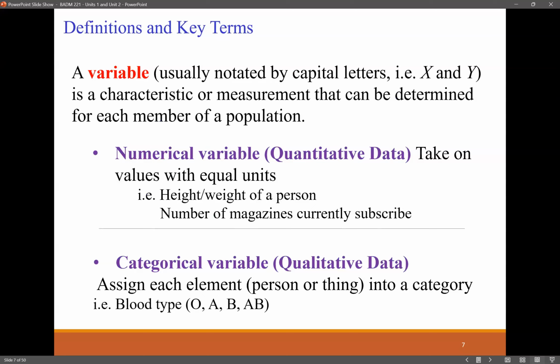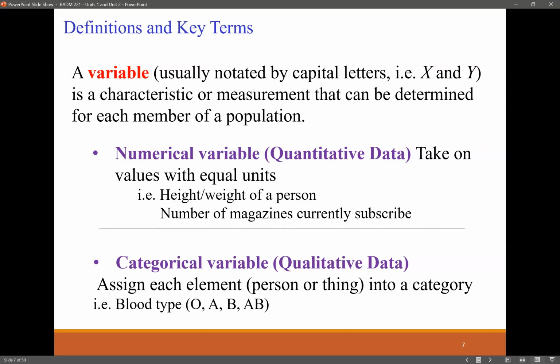Now, when we handle data, we generally have to know which type of data it is. We can divide data into two types: quantitative data and qualitative data. Qualitative data is data you can describe by words, like color of t-shirts, or color of hair, right?